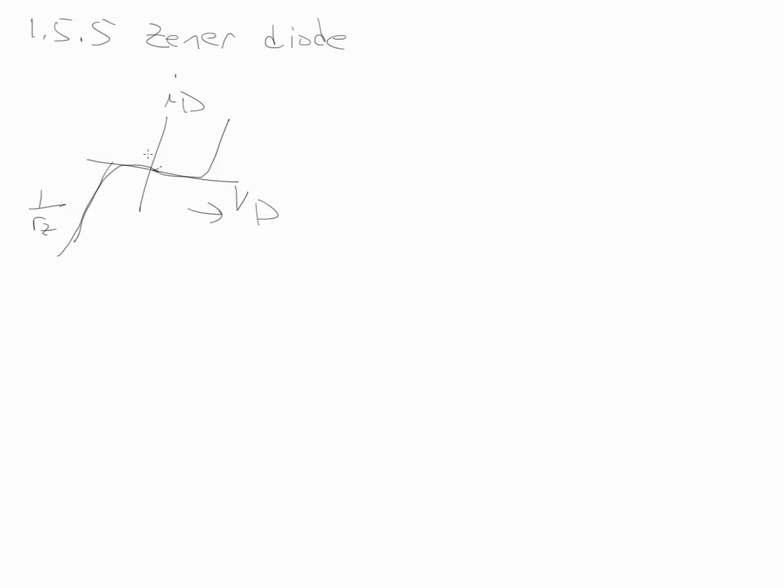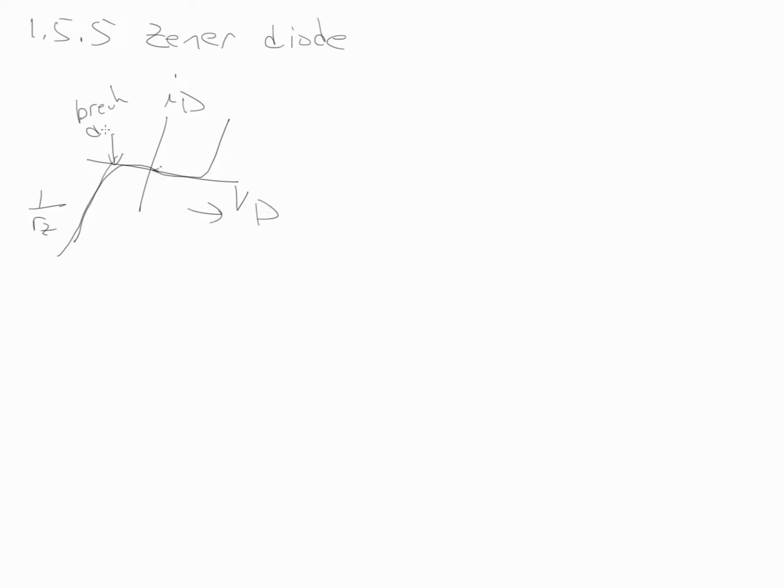And the last diode that they talk about in the end of the chapter, 1.5.5, is the Zener diode. And if we draw an ID curve, this is I, this is VD, increasing. For a PN, we have going up, but for the Zener diode, we have a reverse bias current, and its slope is 1 over RZ, and we call this right here the breakdown voltage.